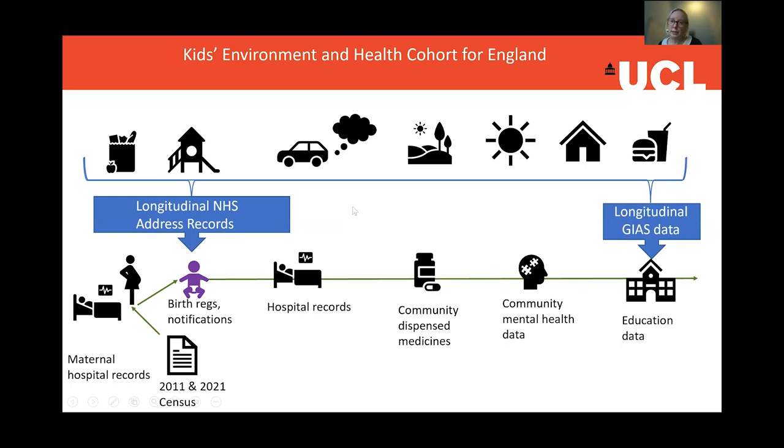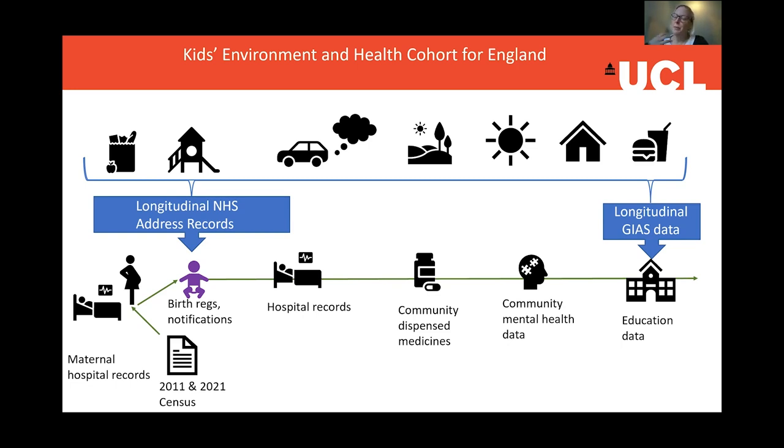And then what's really unique about this database is that we will request NHS Digital to link their children to their longitudinal NHS address records. We as researchers won't know where the children live, but there will be data about which addresses the children have lived at, so that it will be possible to link in the environmental data.